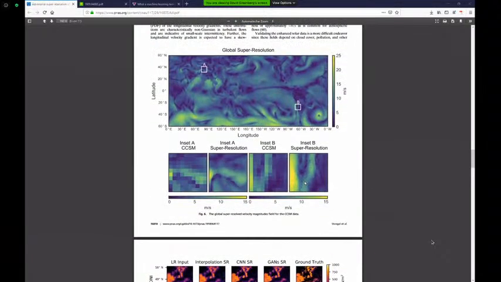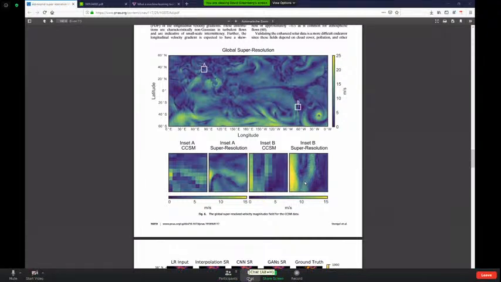So I don't know, maybe this is a good point to open up discussion a little bit before we move on, both in terms of the workflow, what they're doing, does it make sense to everyone, are there questions on that, as well as what do we think about training on these past wind field data and then applying it to these climate model simulations? Is it a reasonable thing to do or not?